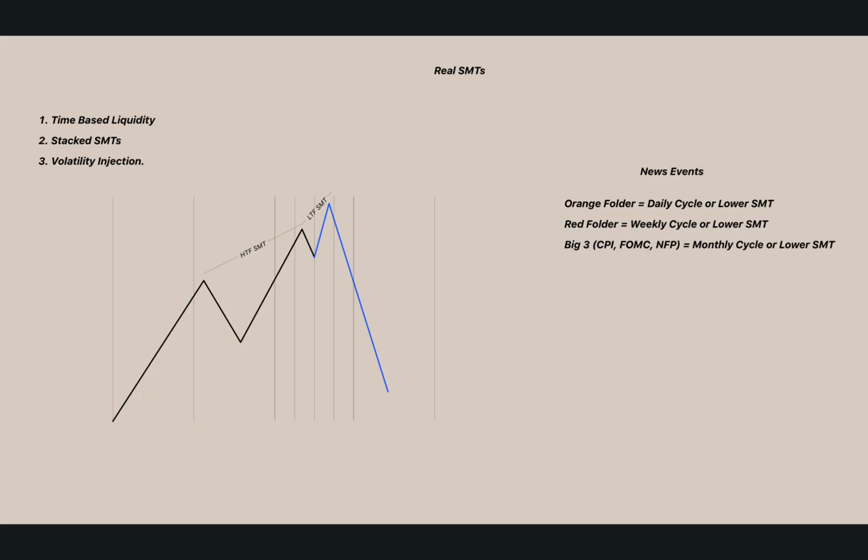And then number three is volatility injection. And as I have it written out right in front of you guys here, orange folder, you usually look for either a daily cycle or lower SMT. A red folder, you look for a weekly cycle or lower SMT. And then one of the big threes, you're usually looking for a monthly cycle or lower SMT.